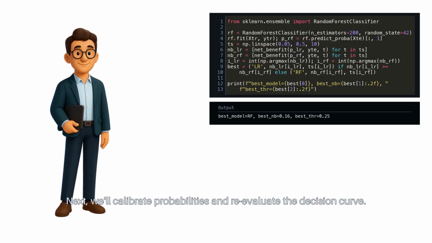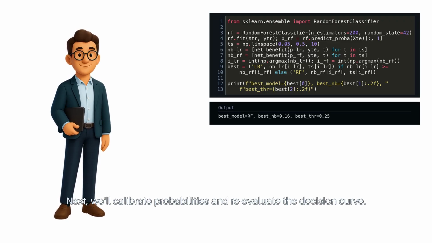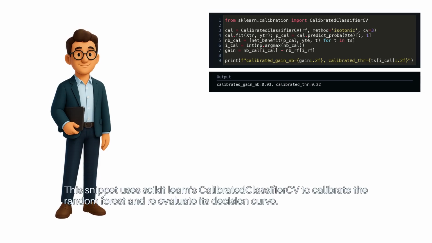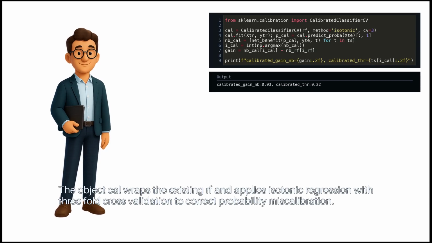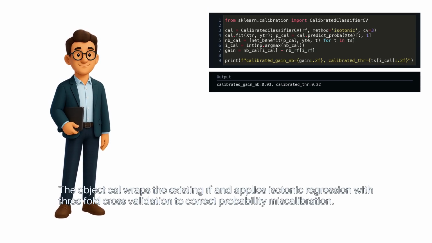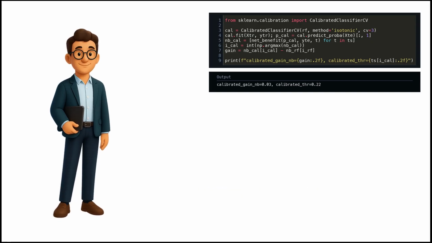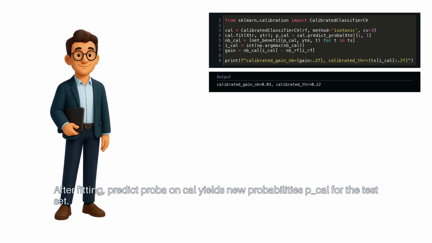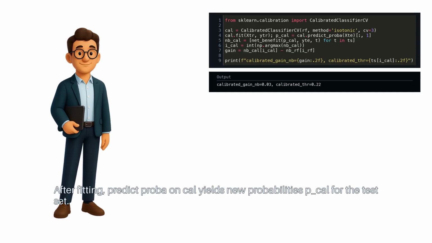Next, we'll calibrate probabilities and reevaluate the decision curve. This snippet uses scikit-learn's CalibratedClassifierCV to calibrate the random forest and reevaluate its decision curve. The object cal wraps the existing RF and applies isotonic regression with threefold cross-validation to correct probability miscalibration. After fitting, predict proba on cal yields new probabilities pcal for the test set.